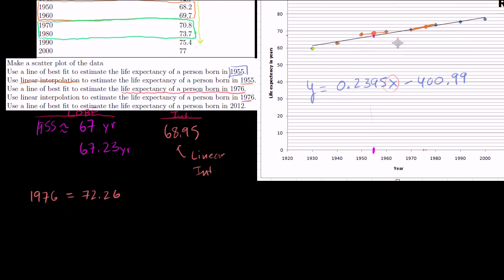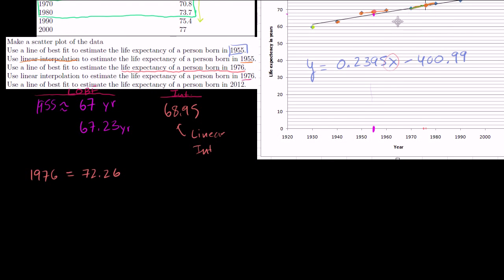Let's figure out the slope of this line right here. So the slope is the change in y over change in x. It's going to be 73.7 minus 70.8. That's how much we changed in the y direction, divided by how much we changed in the x direction. 1980 minus 1970.